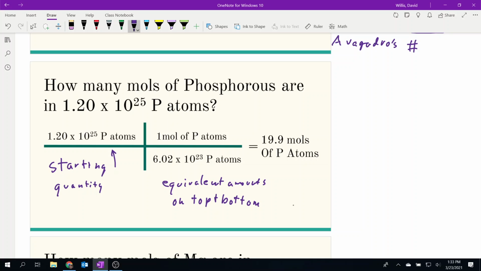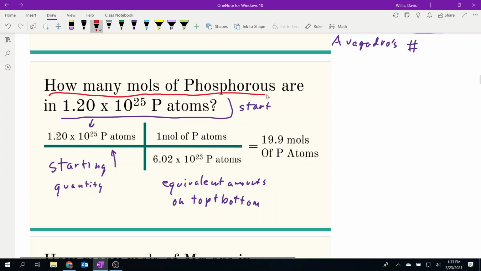All right, so with that in mind, let's look at, we started with this many phosphorus atoms. So that was our starting point. And so we said, hey, I've got this many phosphorus atoms, 1.20 times 10 to the 25th. And I want to convert that into moles. So the question is, how many moles of phosphorus? And that is what I'm looking for. All right, so I need to transition from atoms of phosphorus to moles of phosphorus.